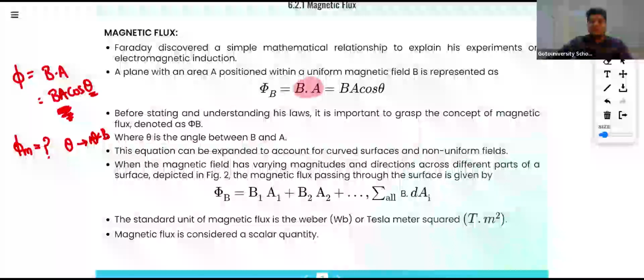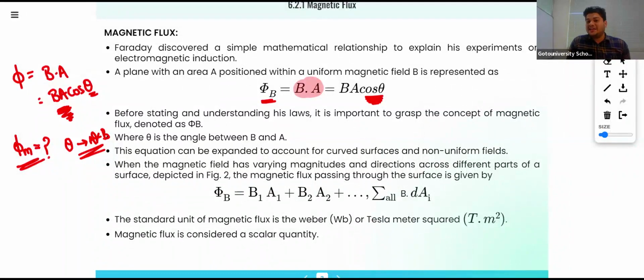The question is, if you want maximum flux, what will be the angle between A and B? If you want this maximum, that means you will take cos theta maximum. And when will cos theta be maximum? Cos theta will be maximum at cos 90, which is 1.